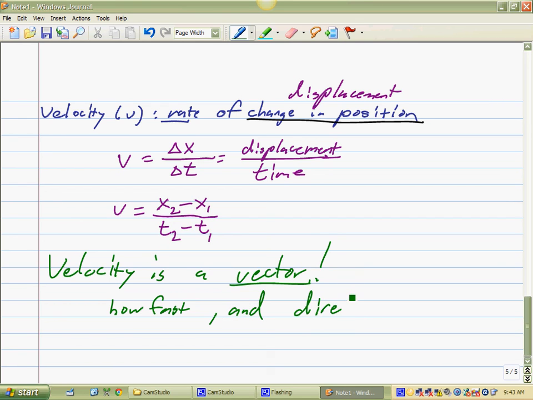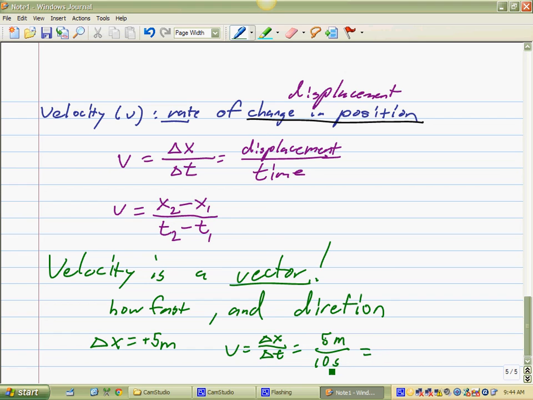So earlier we said our change in position for that person was 5 meters to the right. We said a positive 5 meters. We said delta x equaled positive 5 meters. If we say that took 10 seconds, then our average velocity over that trip would be delta x over delta t, which would be 5 meters over 10 seconds. 5 divided by 10 is 1/2.